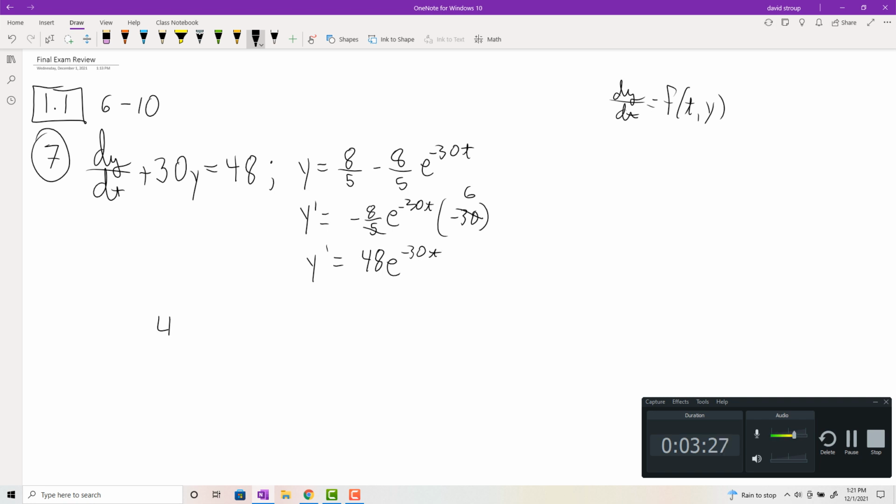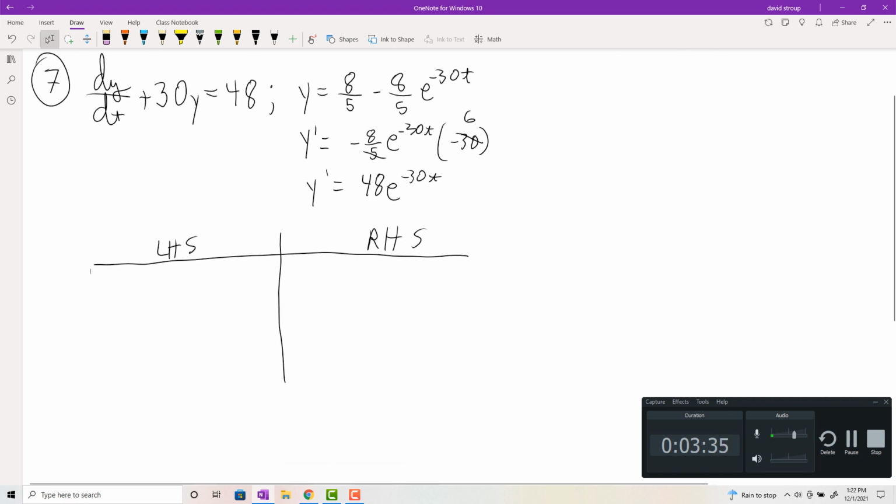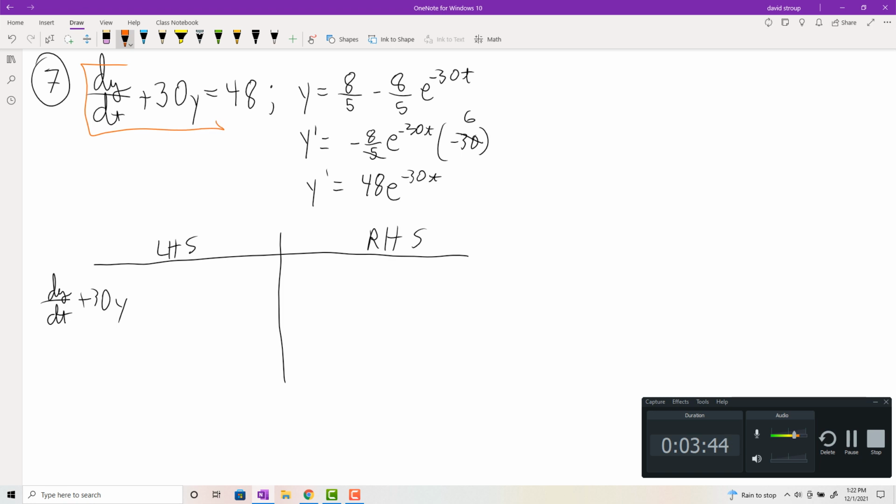And then you're going left-hand side, right-hand side. Right, so the left-hand side, I should have given myself more room, would be dy over dt plus 30y. So you're just working with this side and rewrite it using the given information.